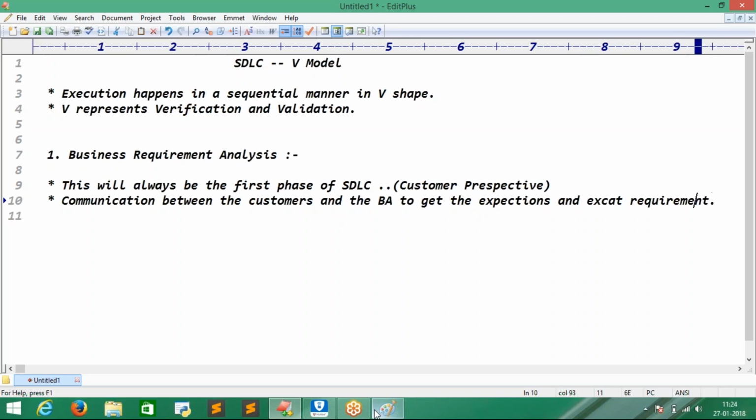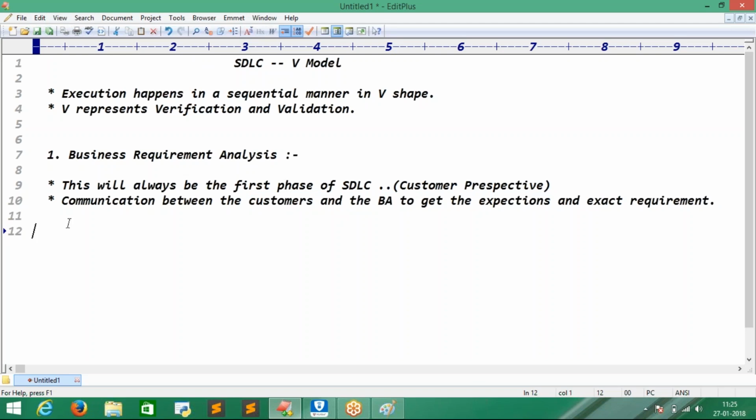I'm sorry guys, I made a mistake there. Clear? So basically here the customers and the BA team of our company work together. This is the basic function of business requirement analysis.